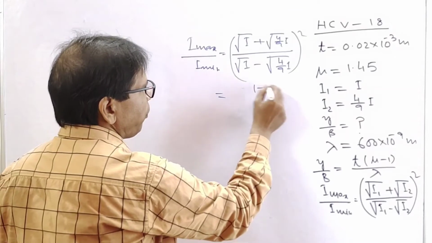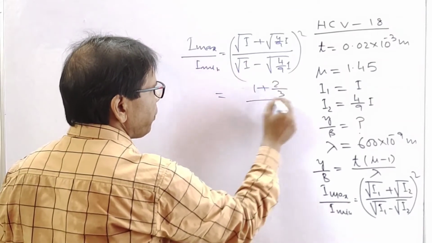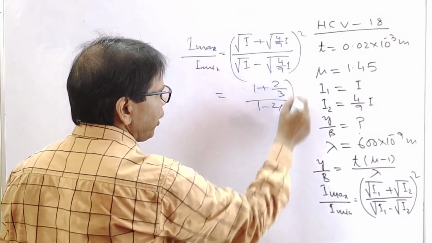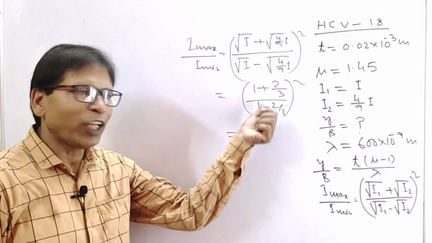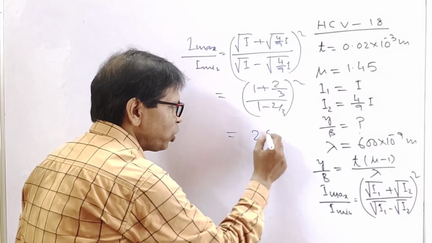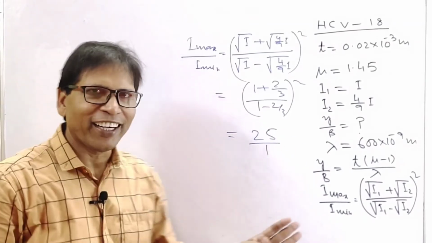So this is 1 plus 2 by 3 divided by 1 minus 2 by 3, whole square. So this is 5 by 3 and this is 1 by 3. So the ratio is 25 by 1.